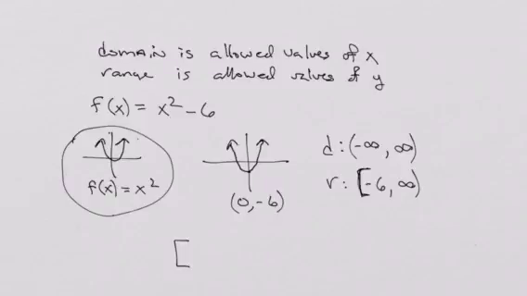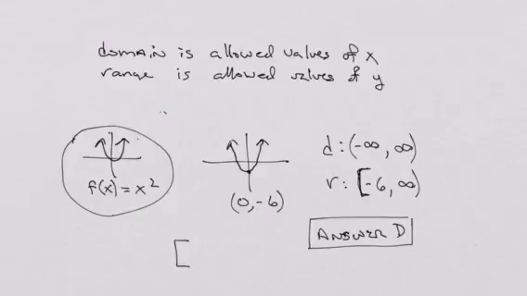So the correct answer there is answer choice D. We use a bracket when it can include that number, and y can include negative 6. By convention, we never put brackets to signify negative infinity or positive infinity. We always use parentheses there. So hopefully that is good with problem 23.